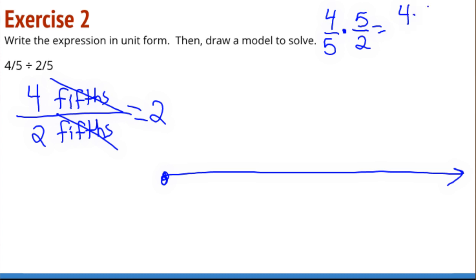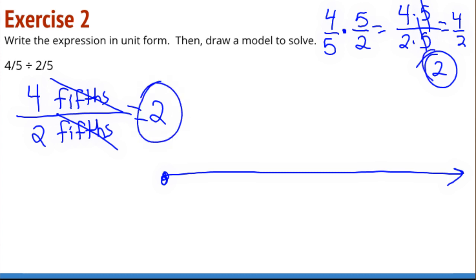So that gets me a 4 times 5 over a 2 times 5. The 5s will divide. I've got a 4 over 2, which will predict that I get a 2. I've got 2 predictions now for 2.